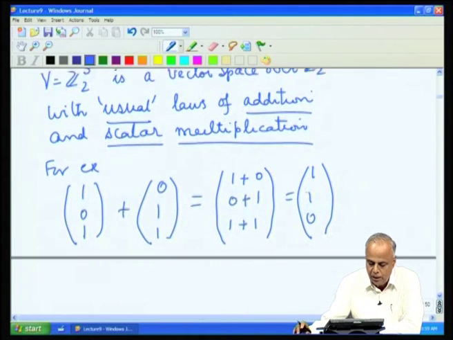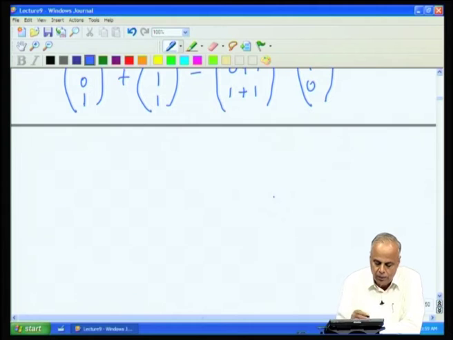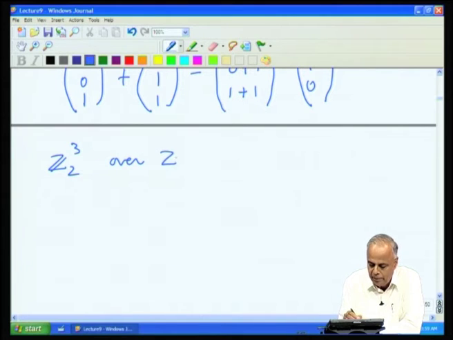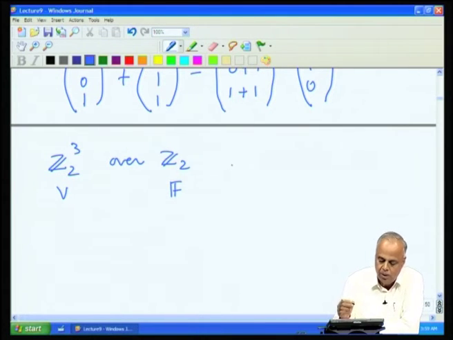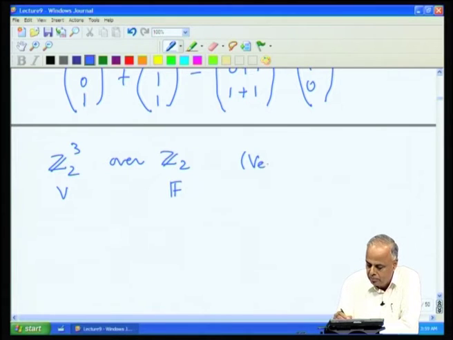So, this vector space Z 2 cube over Z 2 is a vector space, this is our V, this is the field here, and the laws of addition and scalar multiplication are there.